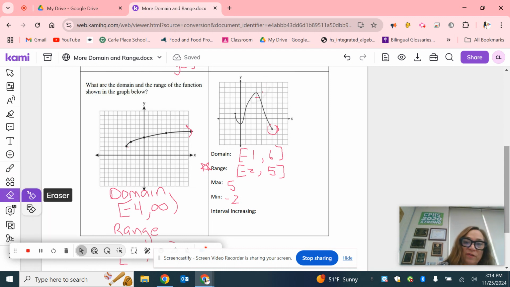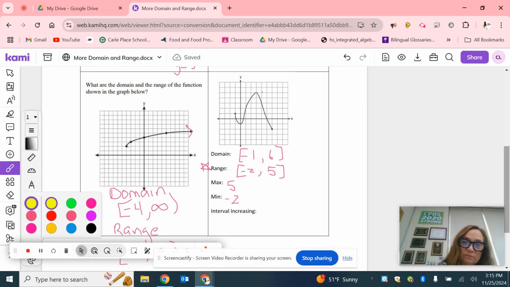Okay, now name an interval that is increasing. So if I look at it, it's increasing from right here where it turned to way up here where it turned. So it's increasing from 0 until when x is 3.